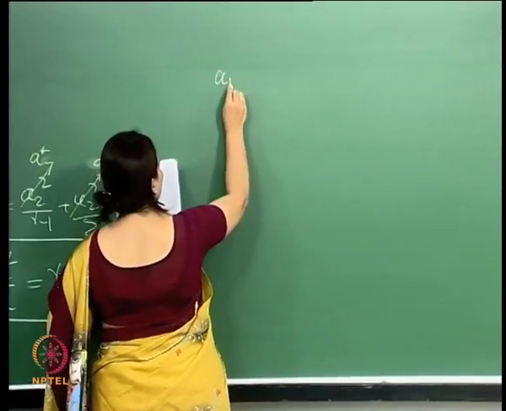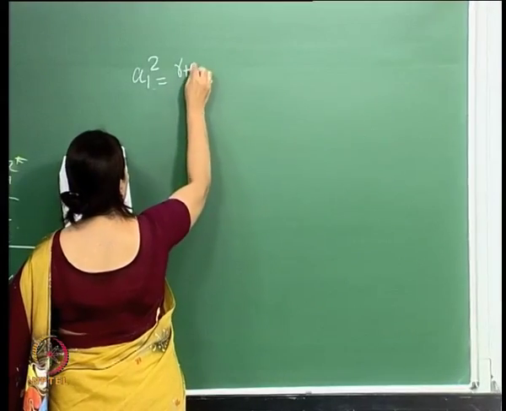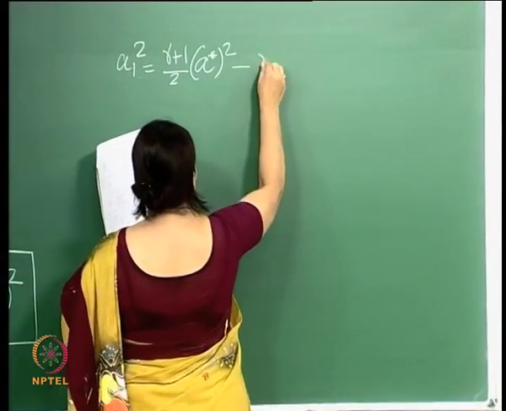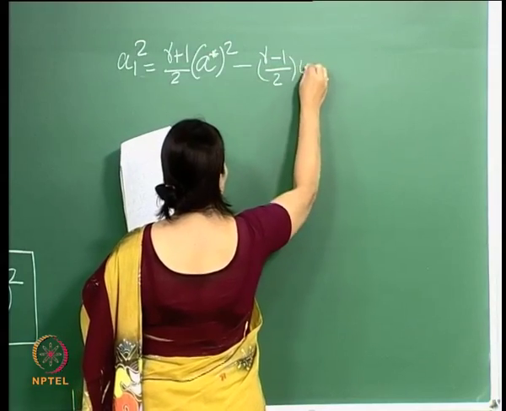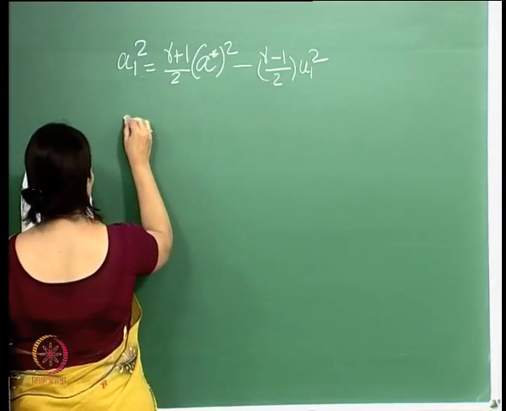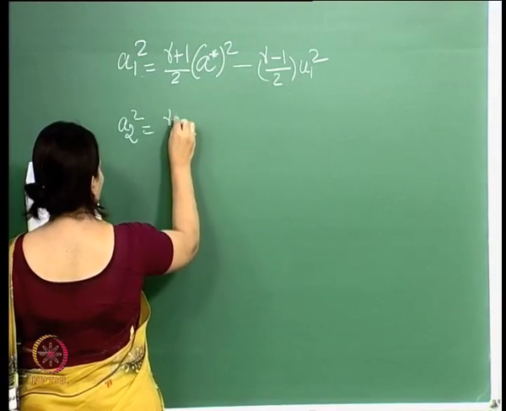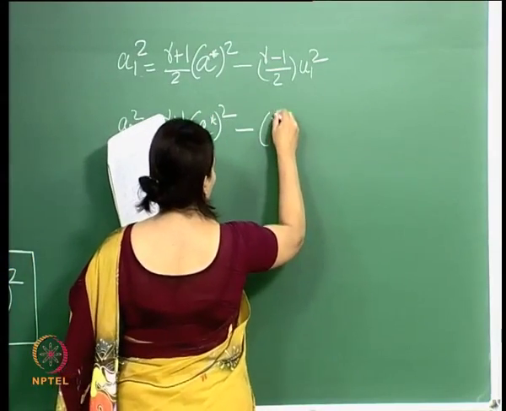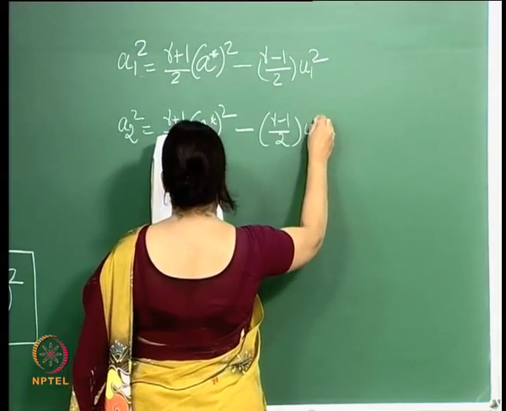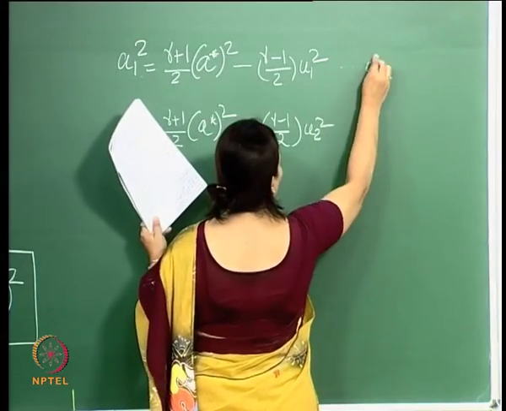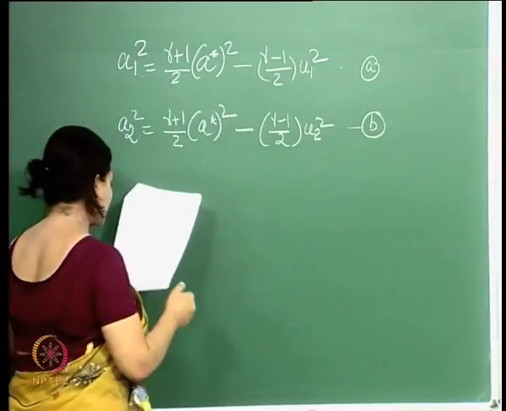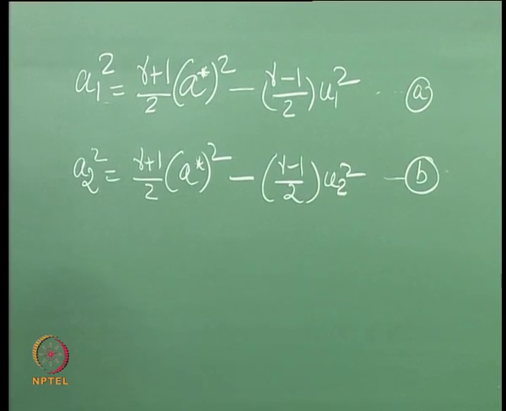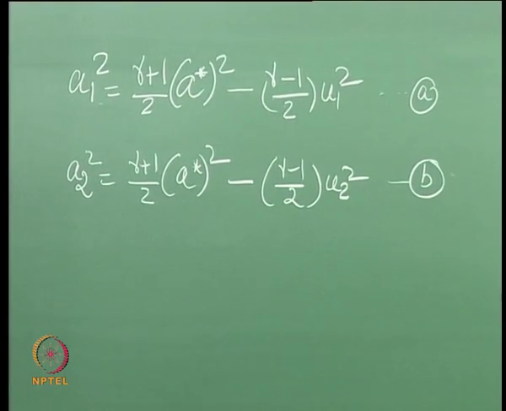If I write it out, okay. So, this is what we get by bringing in two regions over here, A1 and A2, right.